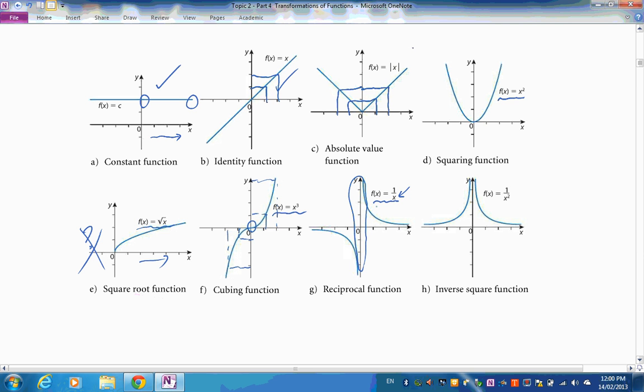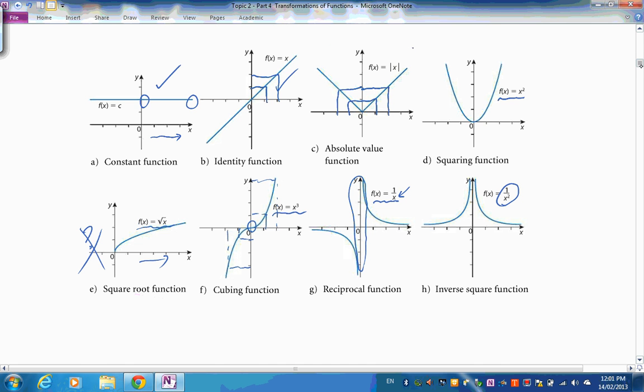It's not in the possible set of x values or in the domain. And then the inverse square function, 1 on x squared. So we might use some of these functions and try to transform them, change their shape or their appearance, and look at what happens to the function as we do that.